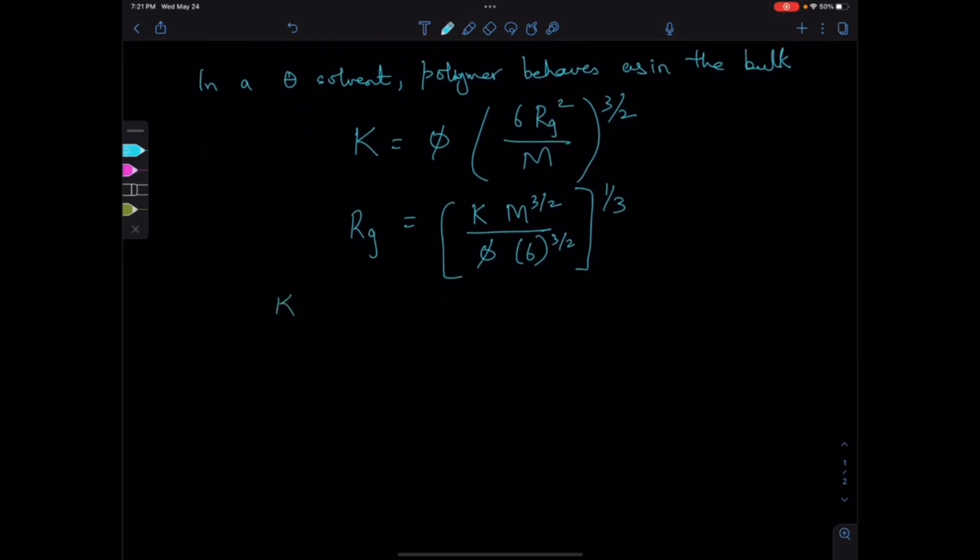K can be found from the table, and it is 84.6 times 10 to the negative 3.